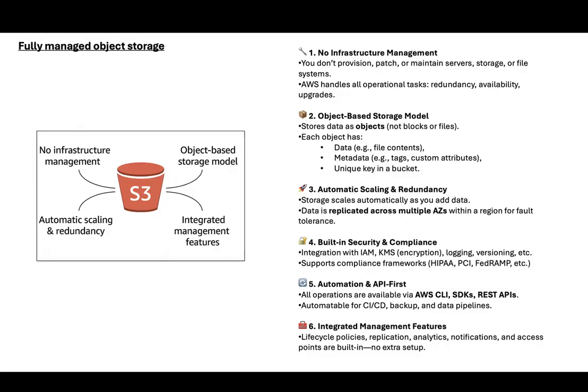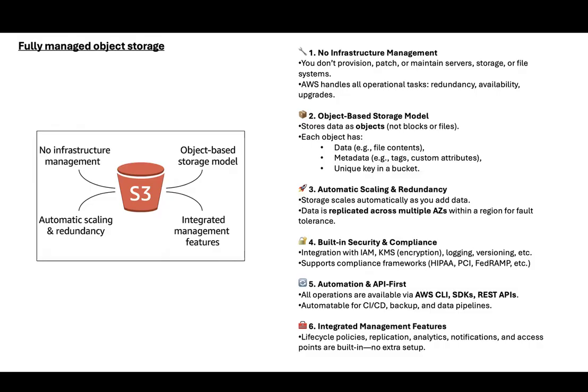As I said, it's an object storage. So it actually contains the data within. You can just put the data within the object storage, that is S3. You can create buckets and put the data inside them. That data contains your actual data, which could be a text file, Excel file, video, audio, or anything.